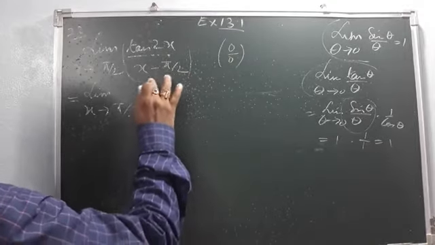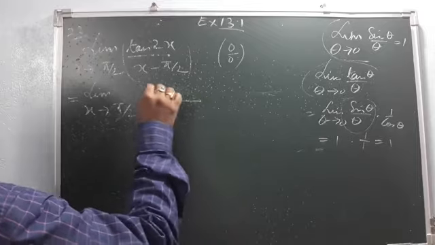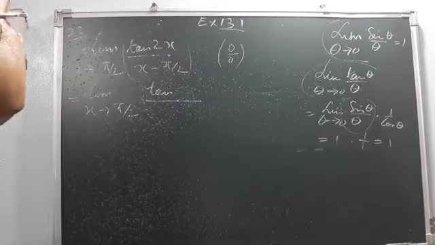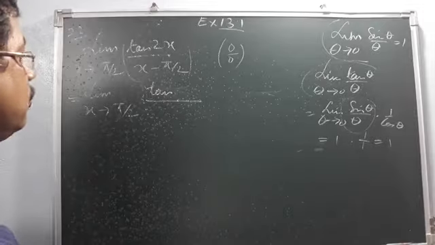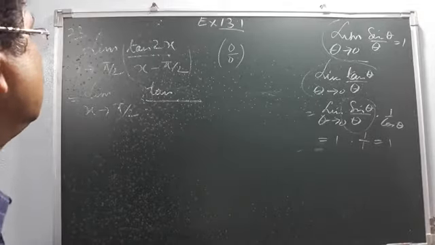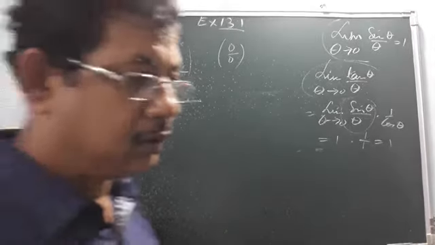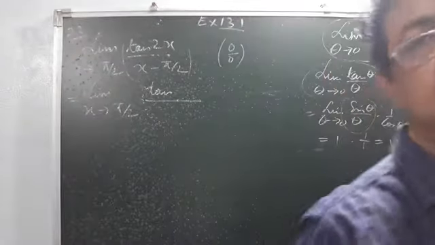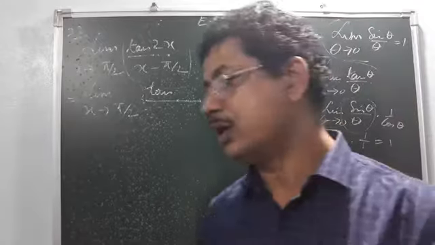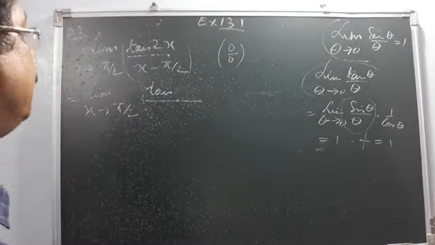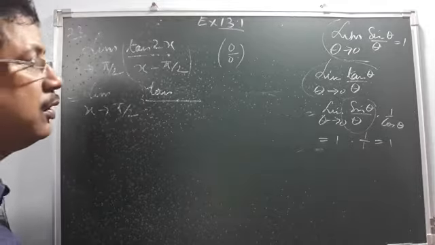So shall we use this type of thing? We know tan twice x can be written as tan of 180 minus twice x, and of course we have to give a minus sign.